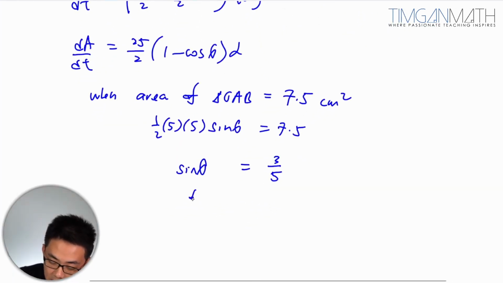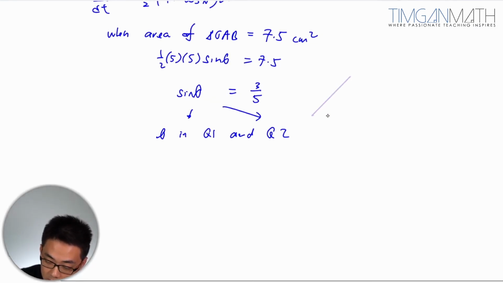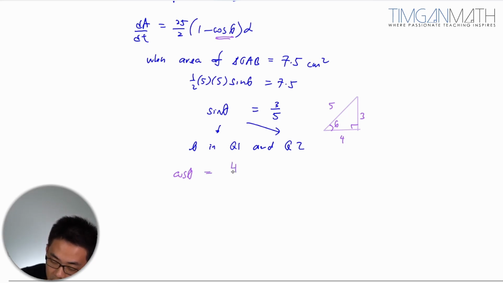This tells you that theta is in Q1 and Q2 because there are two rates here which we need to find. So what I'm going to do is draw the triangle. Theta, opposite is 3, adjacent is 5, so this will be 3, 4. This is 4. Cosine theta, because in our formula there's a cosine theta, in quadrant 1 would be 4 over 5, and quadrant 2 is negative 4 over 5.